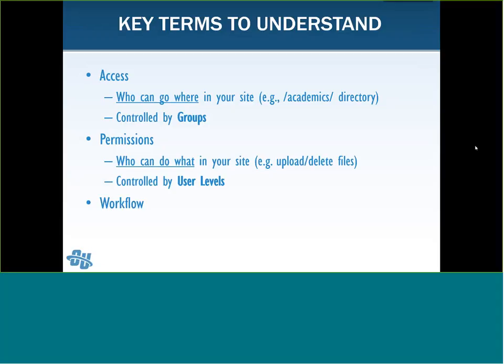And then finally, we have the concept of workflow, and this is a complete change from access and permissions. It's not really who can go where or who can do what. It's who can publish what specifically. And this is controlled through a combination of users and or groups. By creating approval workflows, you can restrict certain users from being able to publish pages inside of OU Campus, and that's a feature that's inherent to all users.